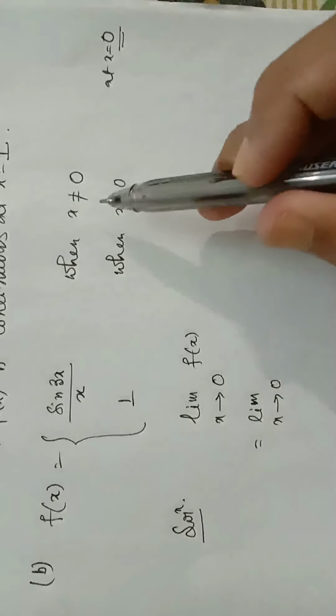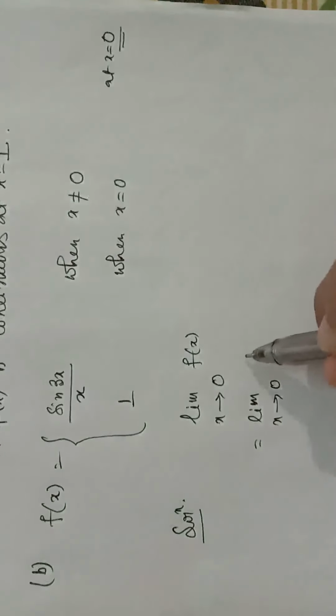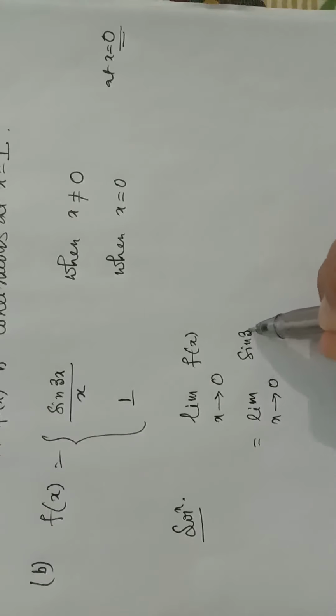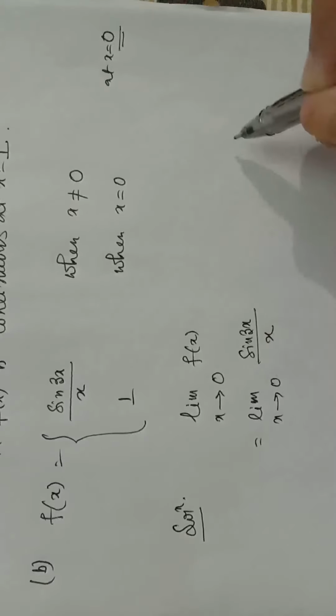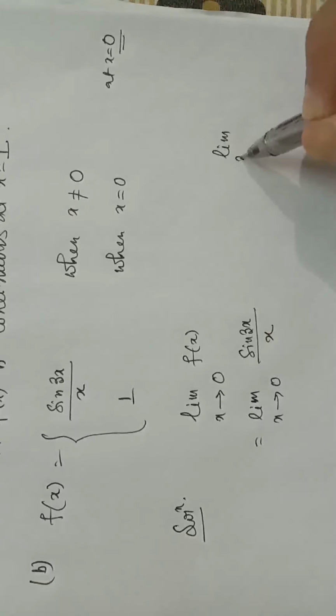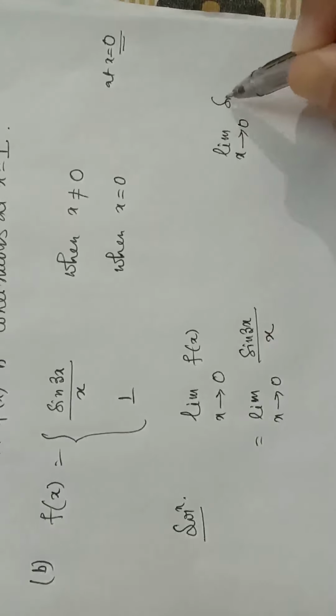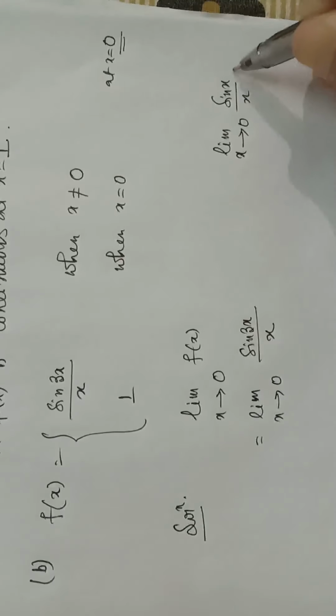X tends to 0 means x is very near to 0, almost 0 but not equal to 0. When x is not equal to 0, the value of the function is sine 3x by x. In class 11 we got the formula: limit x tends to 0 of sine x by x equals 1.